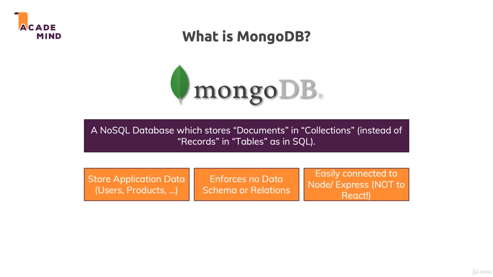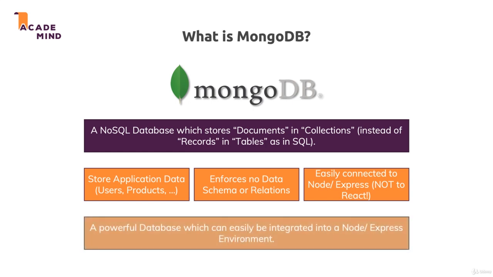So it's really fun and easy to use MongoDB in JavaScript applications. Now, for security reasons, as you will also learn throughout this course, we don't connect to MongoDB directly from inside our React application. Instead, we do that with the help of Node and Express, and that is how we then have all these technologies work together. So it's a powerful database which can easily be integrated into a Node Express environment.